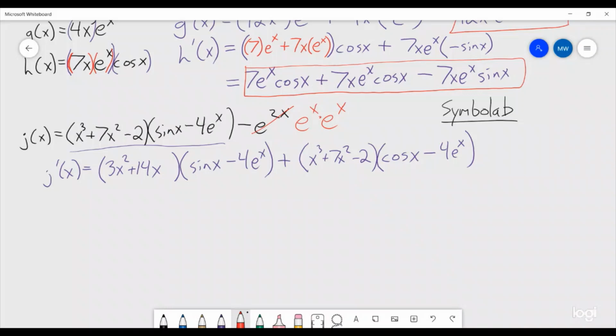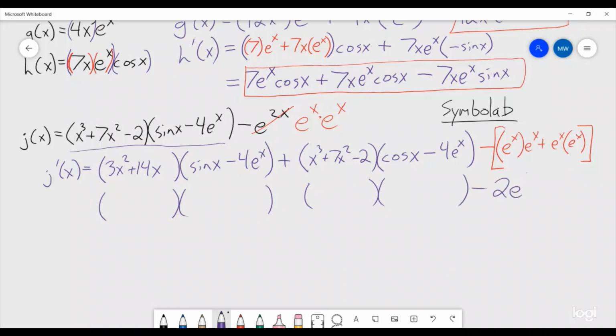So that is going to be a minus, we've got the derivative of the first, that's e to the x, times e to the x, plus the first, e to the x, times the derivative of the second, that's another e to the x. And so all in all, we are going to get exactly what we had here, minus 2e to the 2x. So it didn't matter if we used the product rule or the chain rule. Both of them ended up giving us the same answer.